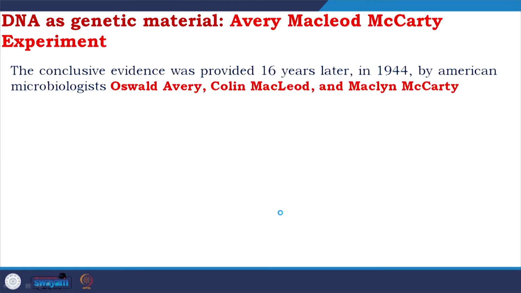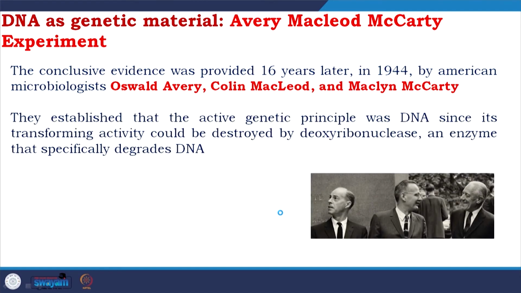The Avery-MacLeod-McCarty experiment showed DNA as a genetic material. The conclusive evidence was provided 16 years later in 1944 by American microbiologists Oswald Avery, Colin MacLeod and Maclyn McCarty. These are the three people.